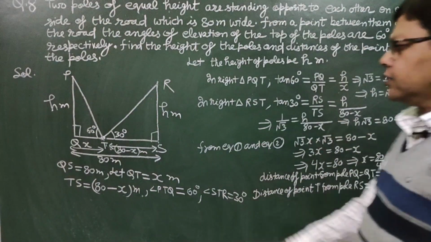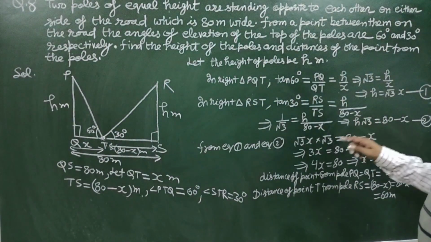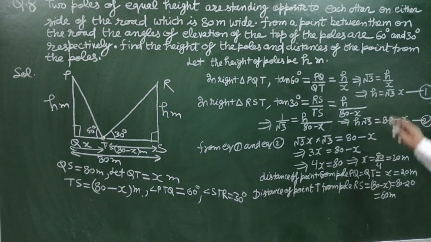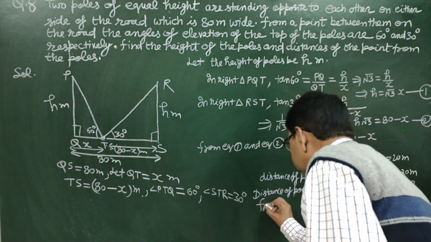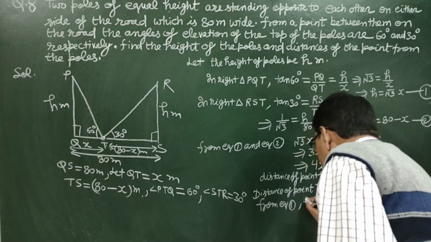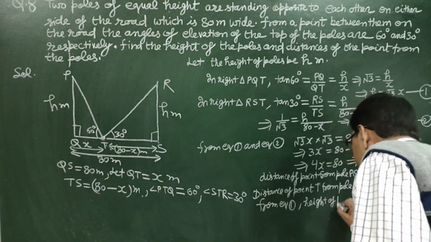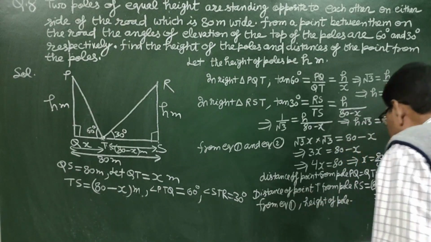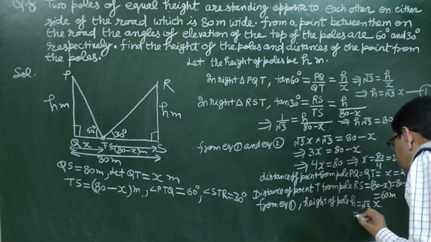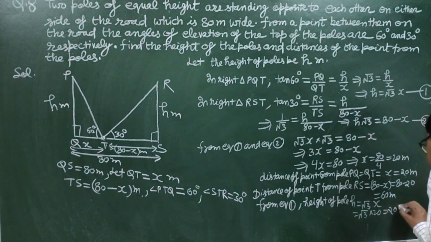So we have got the distance of this point from the two poles. Now we need to calculate the height of the poles, h, from equation 1. h is equal to root 3 x, that is root 3 into 20, which is 20 root 3 meters.